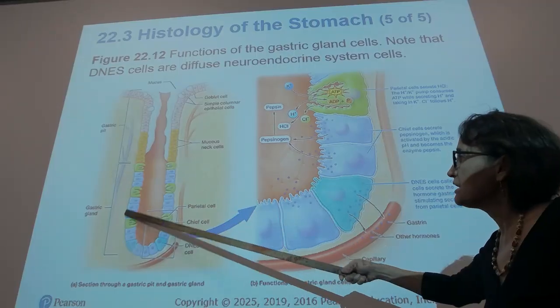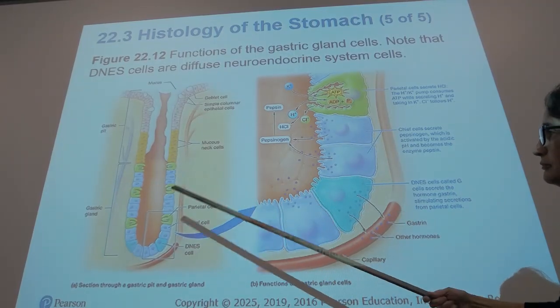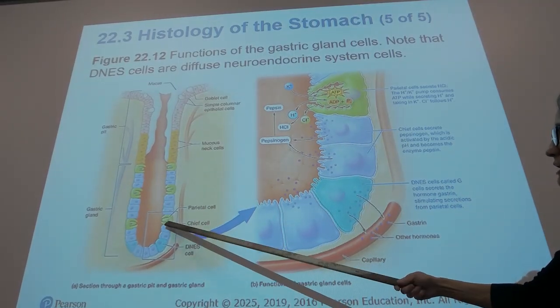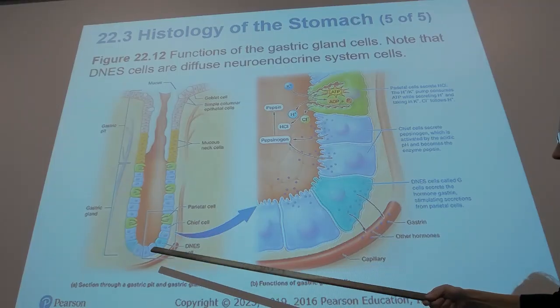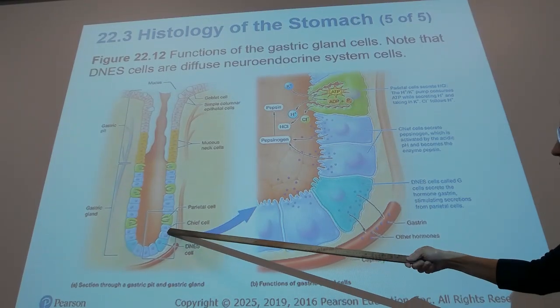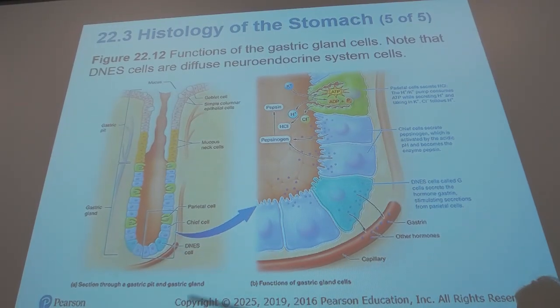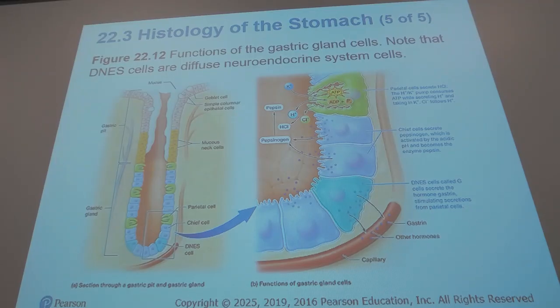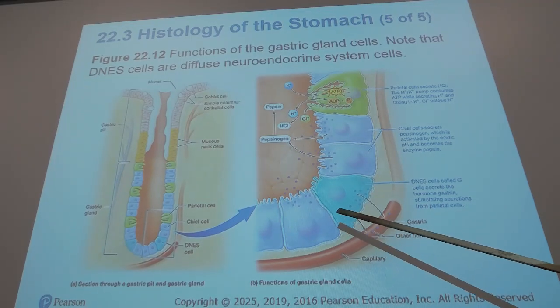Now, here in this gastric gland, we have these parietal cells, these chief cells, and we have this bottom part where you have these other cells.